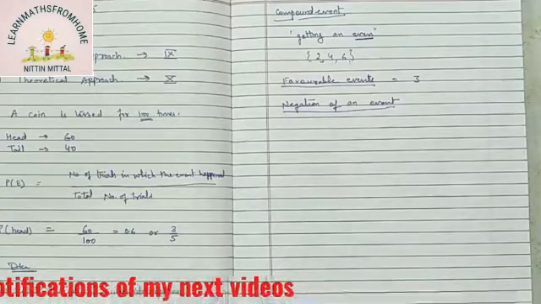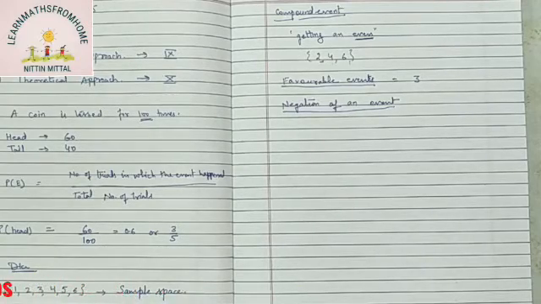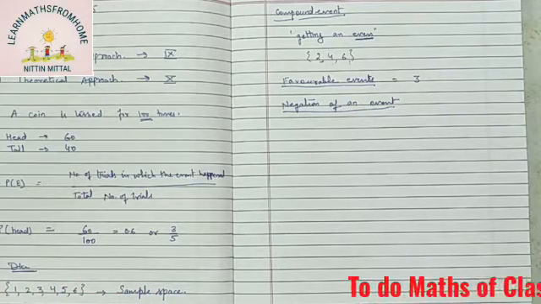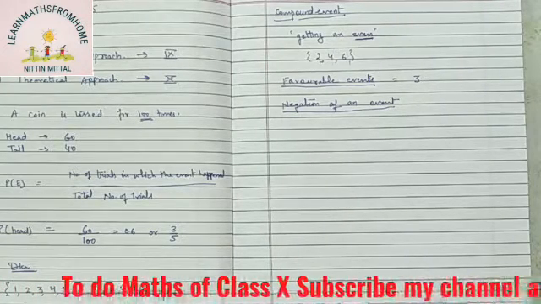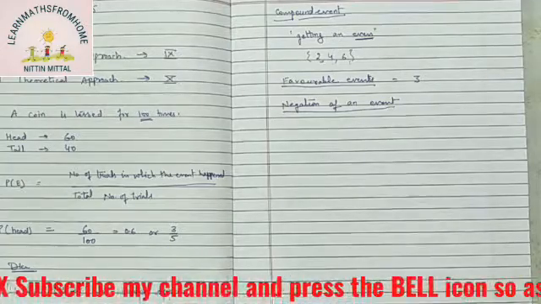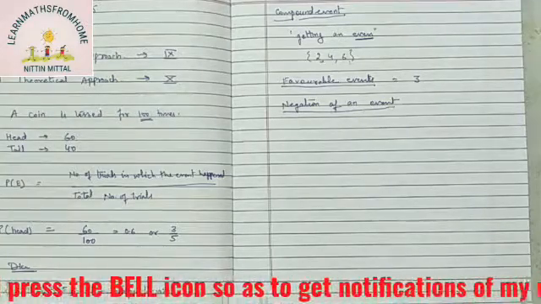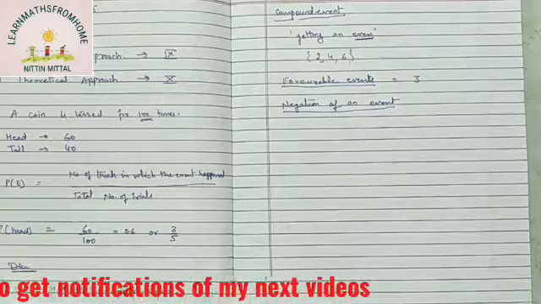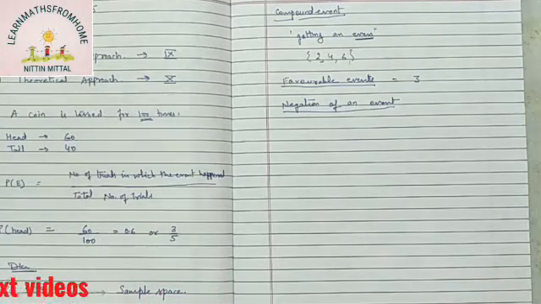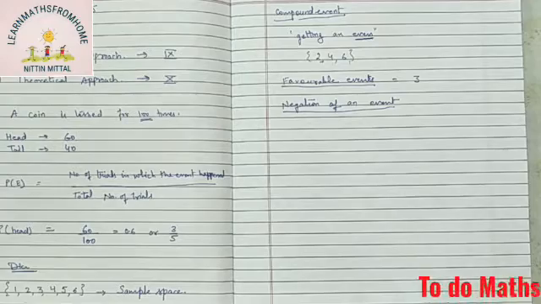So in all the experiments, if there is a chance of happening of something, at the same time there is a chance of not happening of that thing also. Right?